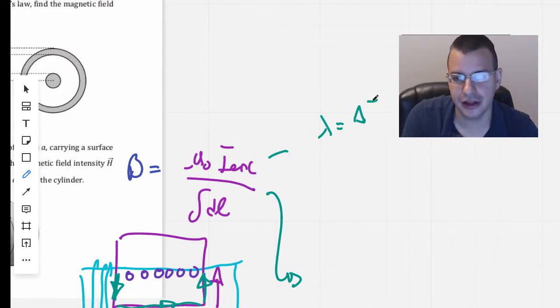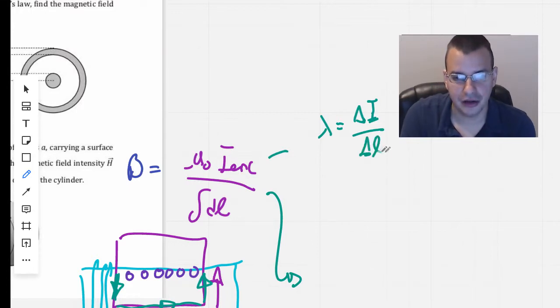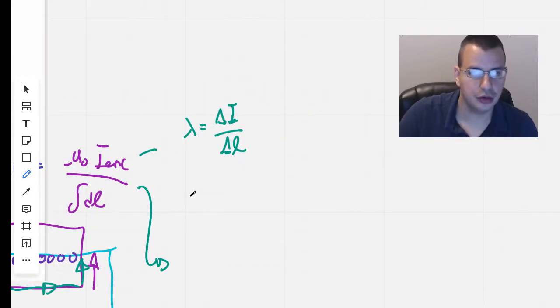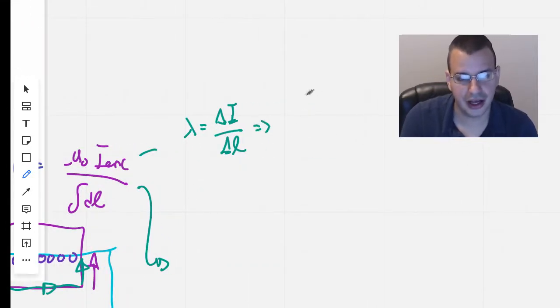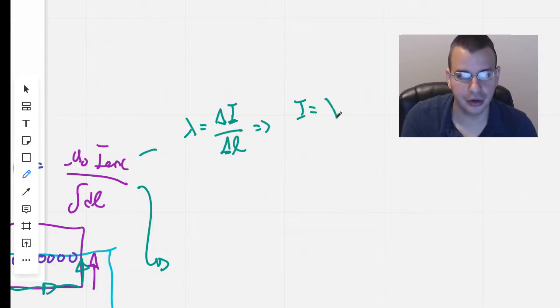I'll do big I. Small amount of big I for a small amount of length. And so then when we rearrange this and integrate, we find that the current equals lambda times the length.